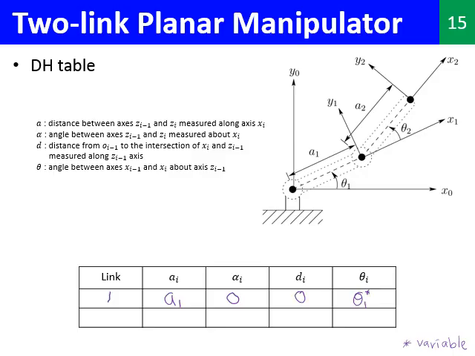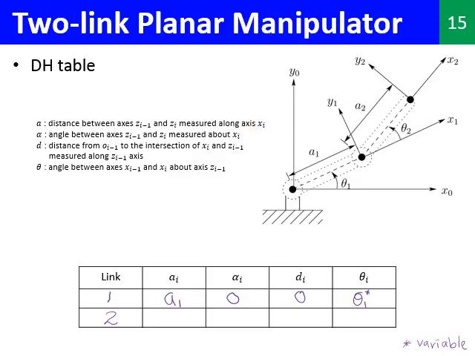I hope you understood how we filled out the first row of the DH table, and now we are going to repeat the same thing. So we go to link 2. Next we need A2, that is the distance between Z1 and Z2 measured along X2, right?